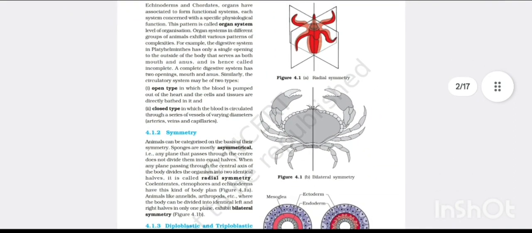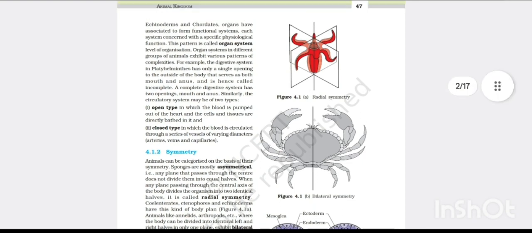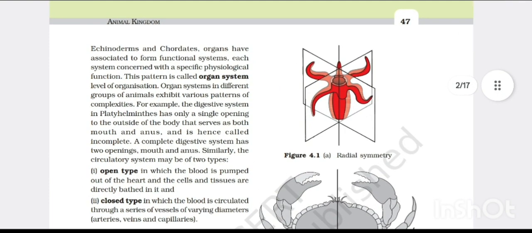So there are two types of symmetry, one is radial symmetry, one is bilateral symmetry. When any plane passing through the central axis of the body divides the organism into two identical halves, it is called radial symmetry.